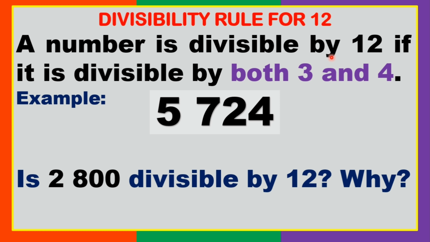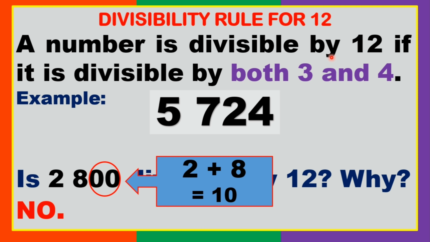Is 2,800 divisible by 12? Why? What do you think? Okay, our answer is no. Why is it no? Although it ends in two zeros and we call that divisible by 4, if we get the sum of its digits, we have 2 plus 8 and it is 10, and 10 is not divisible by 3.